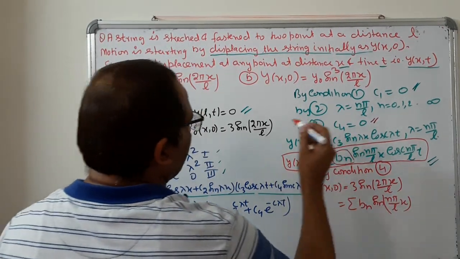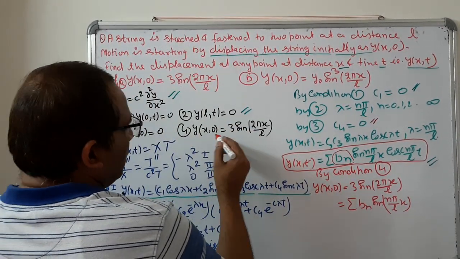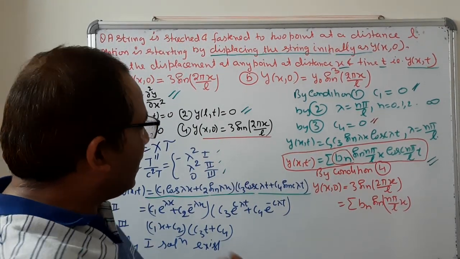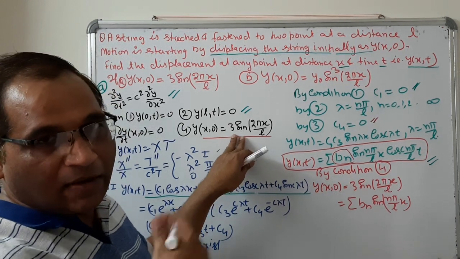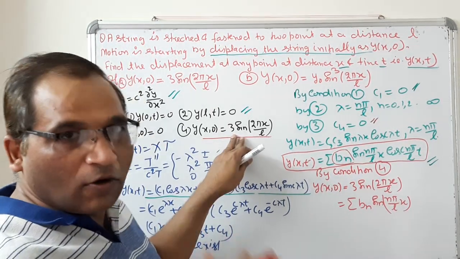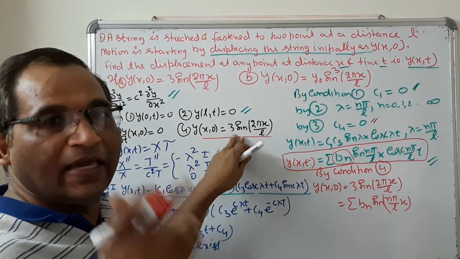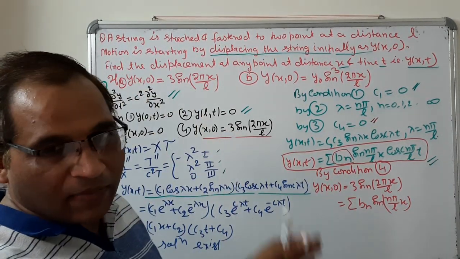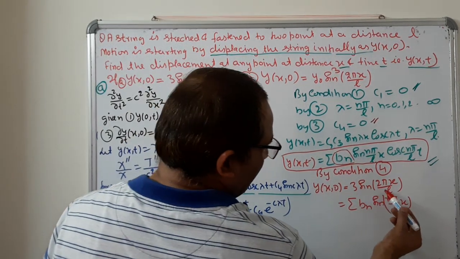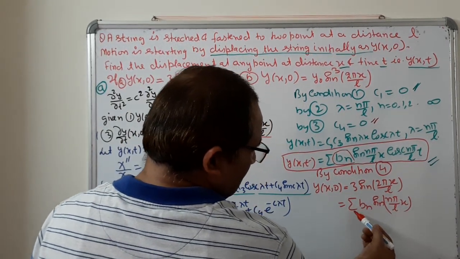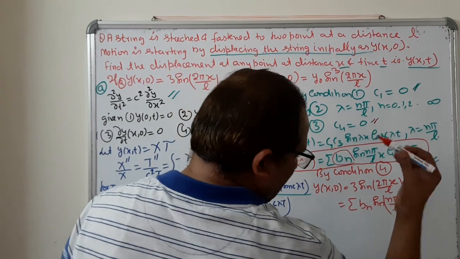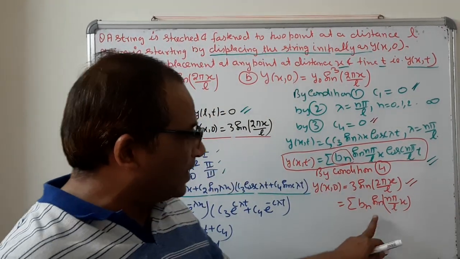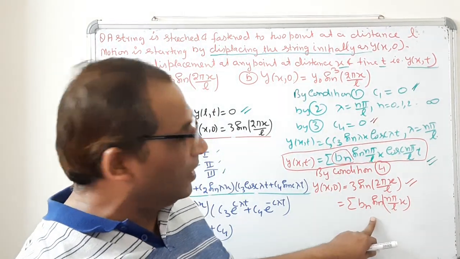So by applying condition number 4, condition number 4 is y of x,0 equal to 3 sin 2 pi x upon L. As I said earlier, if this is a trigonometric function, then we compare both sides. If this is algebraic or algebraic into trigonometric, in that case we integrate using the Fourier series. So it is a trigonometric function, so we compare both sides. I write here 3 sin 2 pi x upon L equal to sigma Bn sin n pi x upon L, because in the left hand side only one term is there, so in the right hand side there will be only one term.